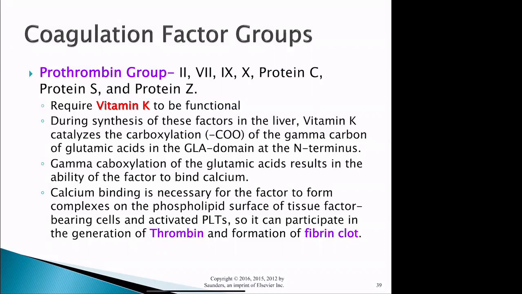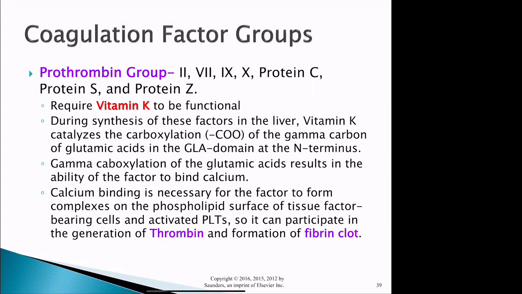Now, do people sometimes have vitamin K deficiencies? Yes, absolutely. So how do you think that will affect these factors? They won't be able to clot as well. They won't be functional, and they won't be able to participate in the coagulation cascade.